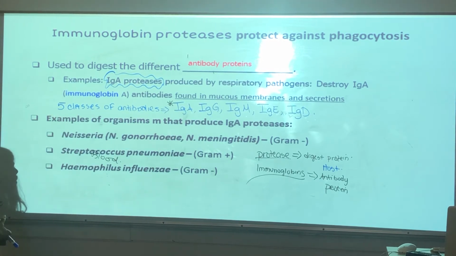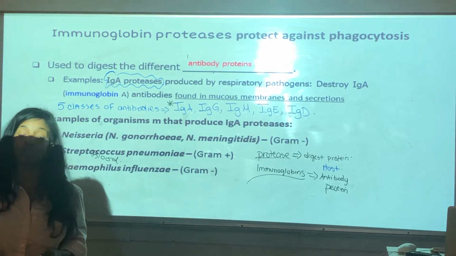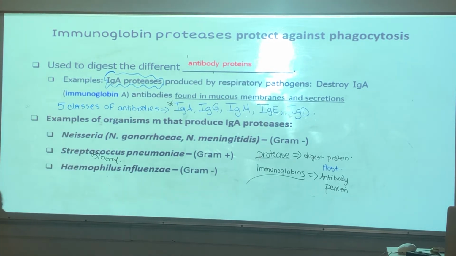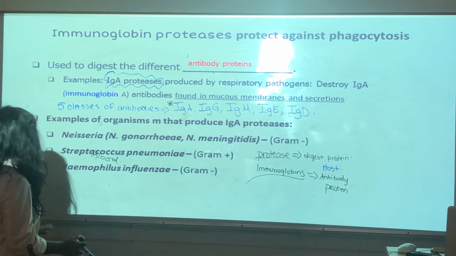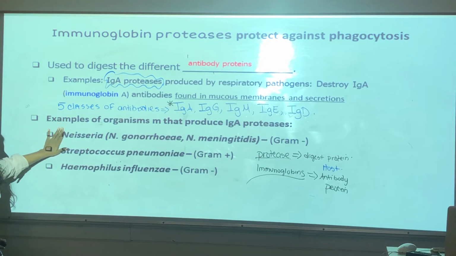The IgA protease is produced by many respiratory pathogens to destroy the IgA antibodies that are found in those areas. So the IgA antibodies found in those areas will be destroyed, and that allows the organism to survive. These are 3 of the organisms that produce IgA protease: Neisseria gonorrhoeae and meningitidis, Streptococcus pneumoniae, and Haemophilus influenzae.